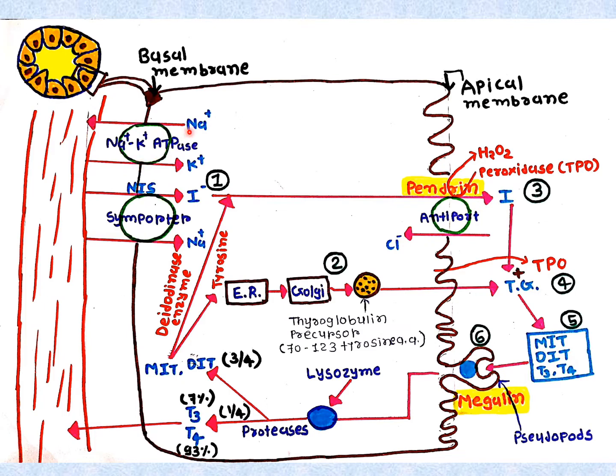It moves three sodium from the thyroid follicular cell into the blood and two potassium inside the follicular cell.